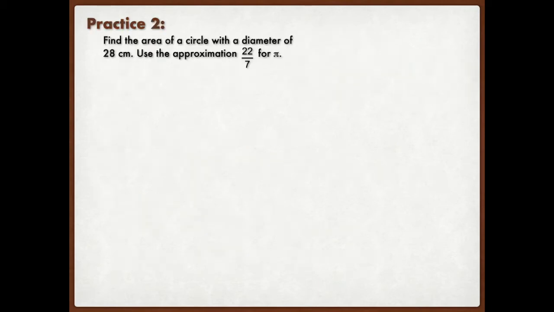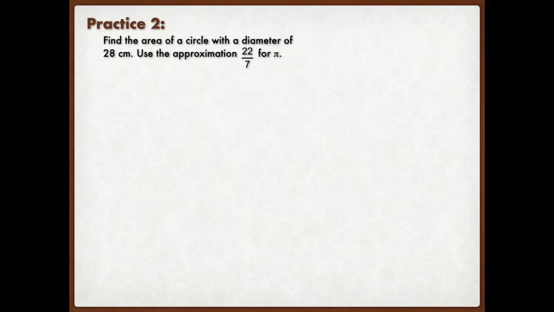Okay, let's focus on practice number 2. Here we have a diameter of 28 centimeters. And they want you to use the fraction for pi. Okay, so the equation's the same. It's area equals pi times radius squared. So the problem I have here is I'm given the diameter. Well, that's okay. That's easy because we know the diameter is 2 times the length of the radius.